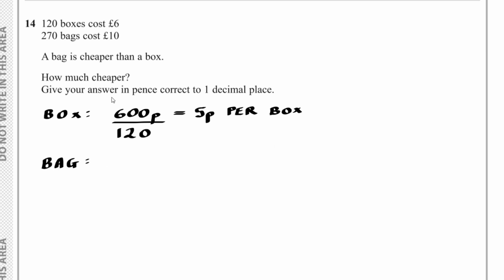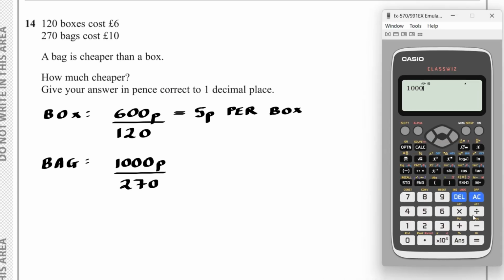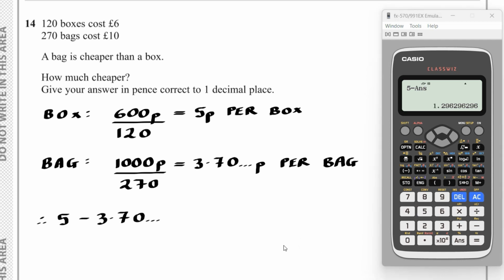If I take a look at the bags, I've got 270 bags for £10. £10 is the same as 1,000 pence, and if I divide this by 270, I've got 1,000 divided by 270 equaling 3.70, etc. So this is the cost in pence per bag. So the difference between these is given by 5 subtract this, which is 1.29, etc. pence, which is approximately, to one decimal place, 1.3 pence.